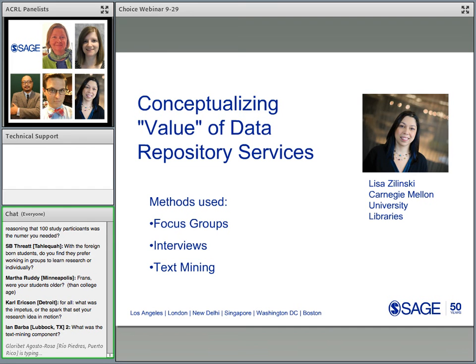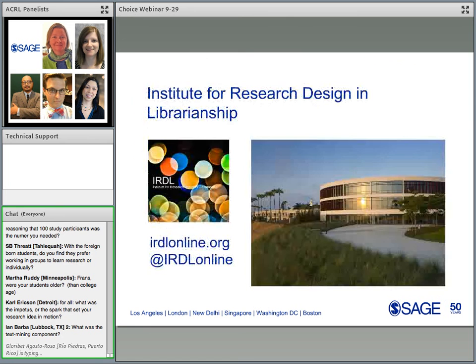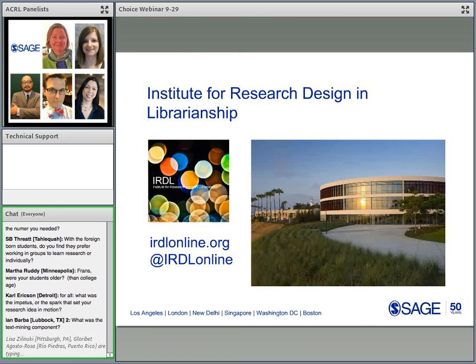So I think what I would like to move on to now is talking a little bit about how the research process and your experience of working with the IRDL has impacted or influenced how you do your daily work in the library. Obviously, everyone listening in today, all you librarians, you have your day job to do, and you have to balance any research that you want to do along with your day job.